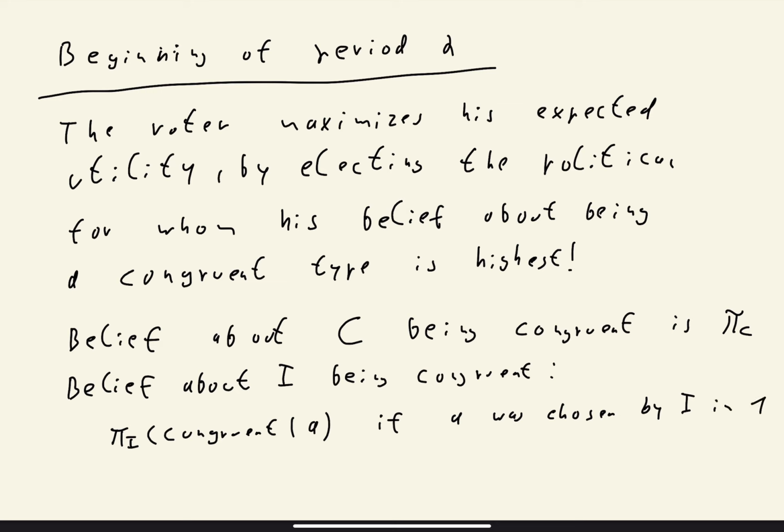So if policy A was chosen by the incumbent in period 1, then this is the belief of the voter that the incumbent is of a congruent type, conditional on having chosen policy A in period 1.